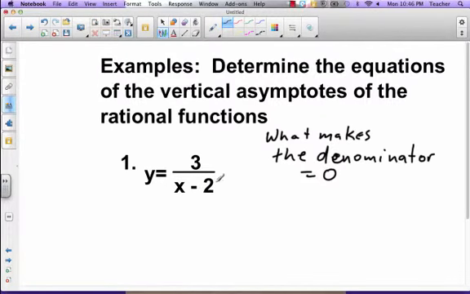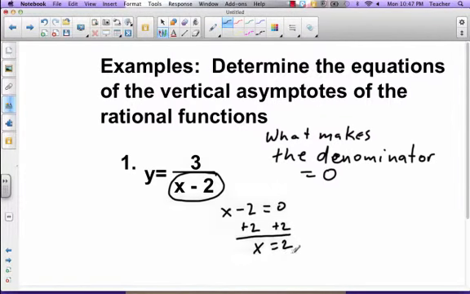So if we look at this first example, y equals 3 over x minus 2, we look at the denominator of x minus 2. We set it equal to 0 and solve. On this one we could do without showing this, but we end up with x is equal to 2.